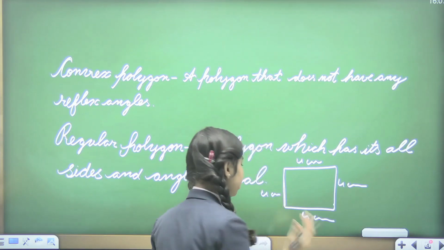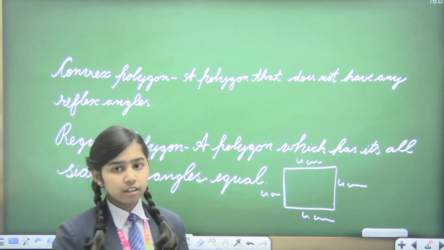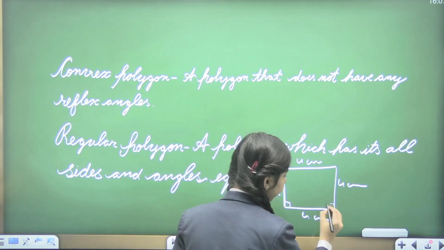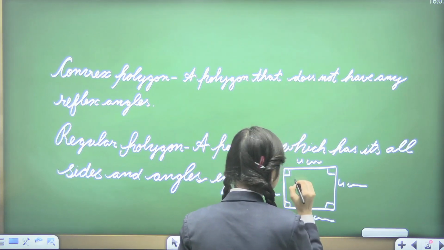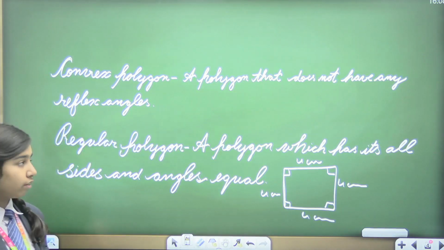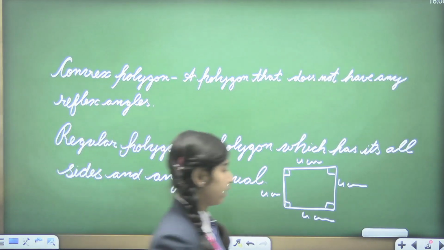Like all the sides of this figure are equal. And we also know that its angles are also equal, and that is 90 degree. So we got to know about regular polygon, and the next one is irregular polygon.